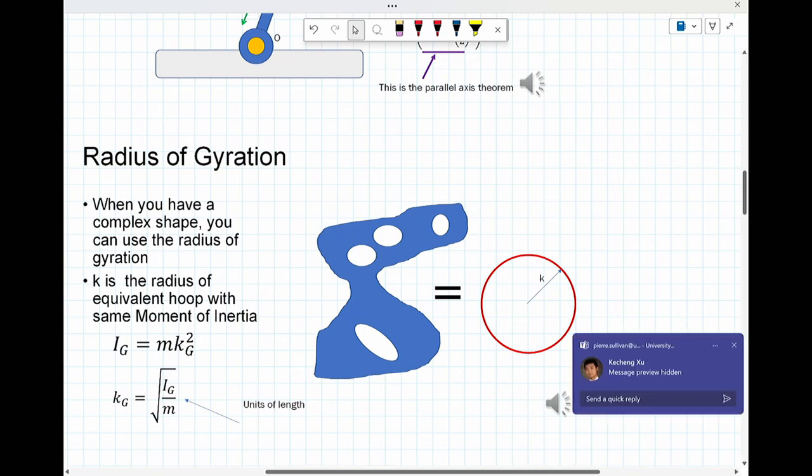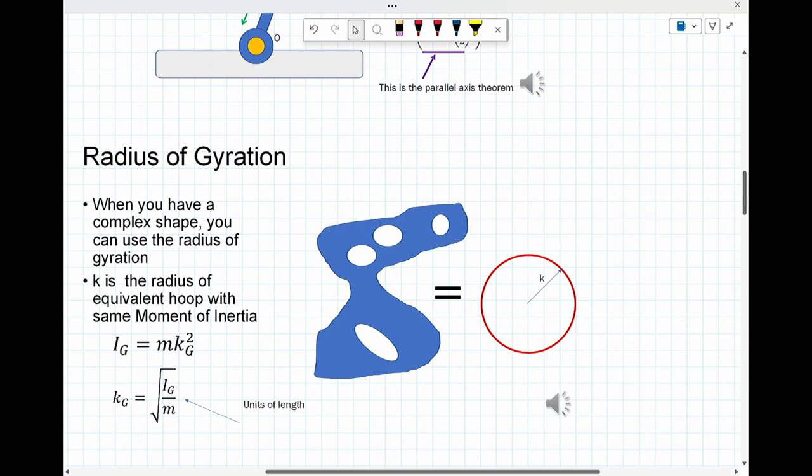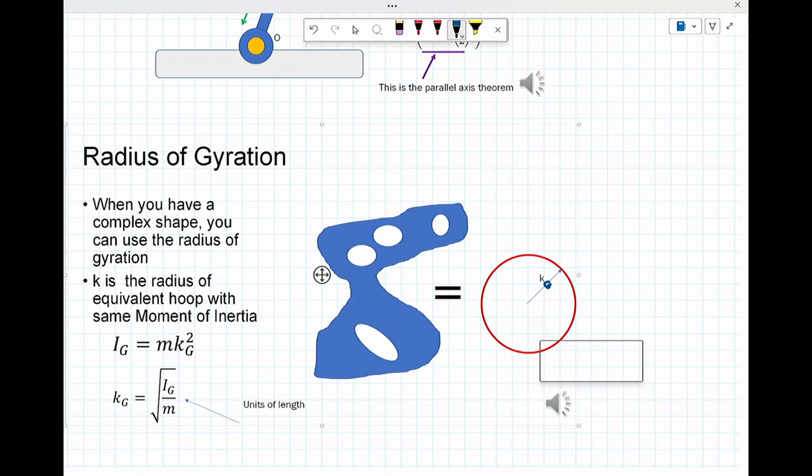I can say, look, the radius of gyration, the equivalent hoop of material, is one with a radius of k sub g. And I understand, it's one of those things that's going to drive you a bit crazy, is that we're going to have spring constants of k, and now we're going to have radius of gyration. But you should know what the definition of radius of gyration is, and know how to use it when you're solving problems.